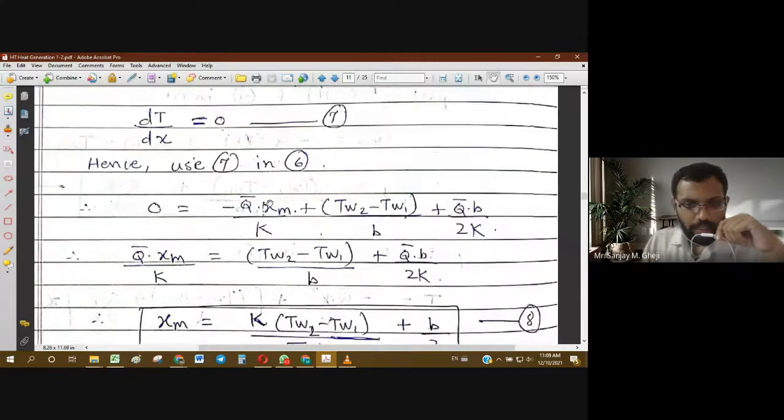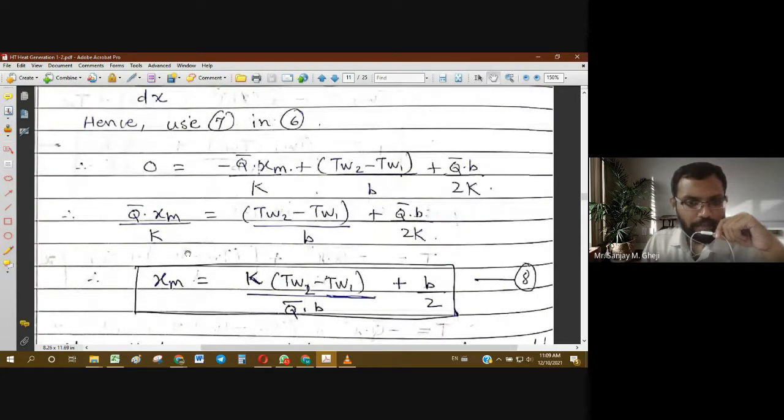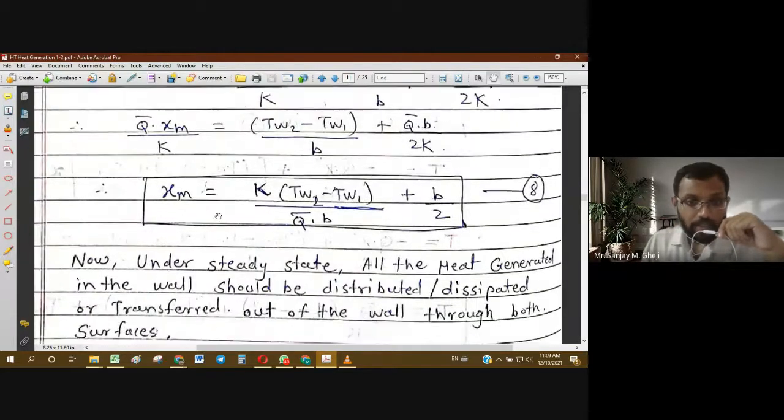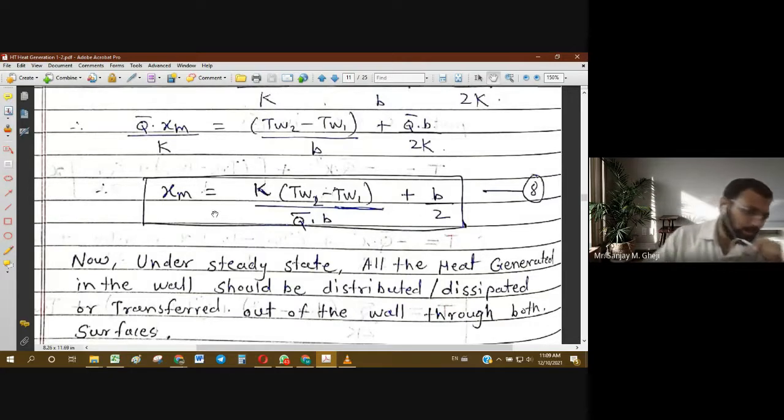Now from this we can rearrange the terms for xm. This is simple algebra, and from this we get xm equal to k into (Tw2 minus Tw1) divided by q bar into b, plus b by 2. Equation number 8. So this value of xm gives us the position where the maximum temperature is going to appear.